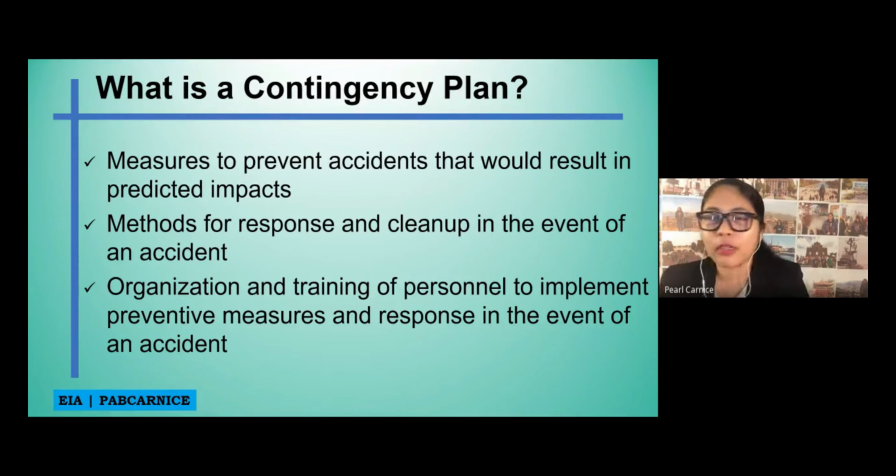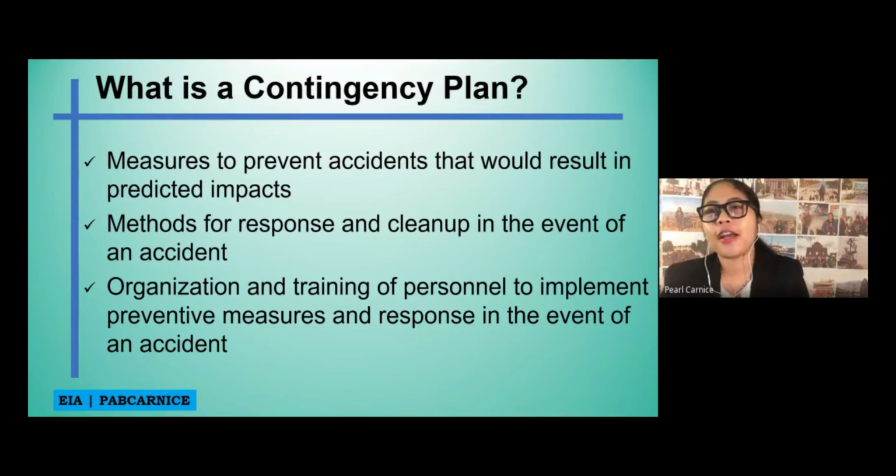At the same time, there are also organizations or countries, for example the Philippines, since we are an archipelagic country, surrounded by oceans. The Philippines itself also has a contingency plan if oil spills happen.